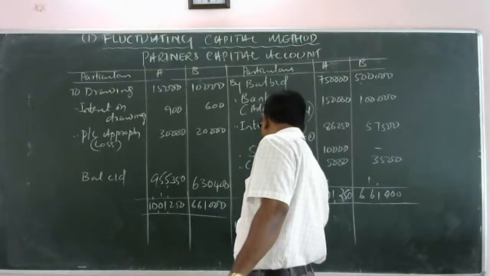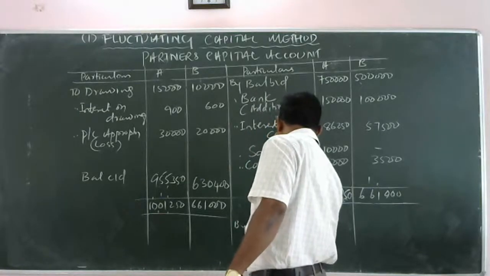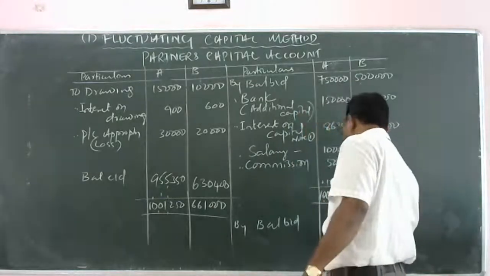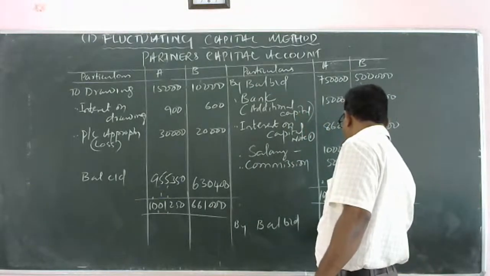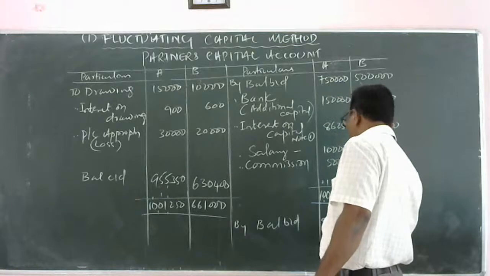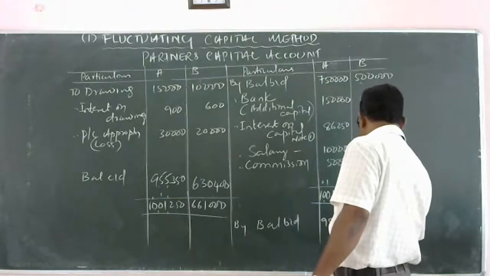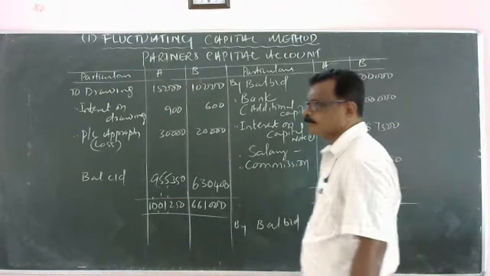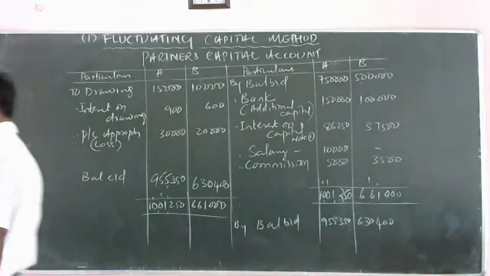Now this is the balance at the beginning of the year. This will be the balance, 9,55,350 and 6,30,400. Right?